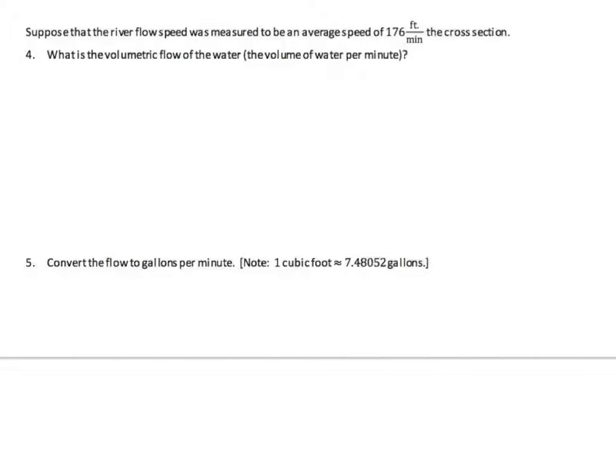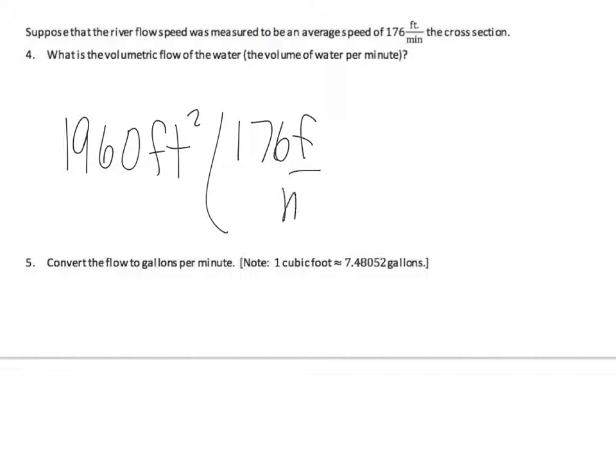Suppose that the river flow speed was measured to be an average speed of 176 feet per minute at the cross section. What is the volumetric flow of the water? So the volume of the water per minute. We just found that our volume, or our area, our cross-sectional area is given, and we are multiplying it by 176 feet per minute.